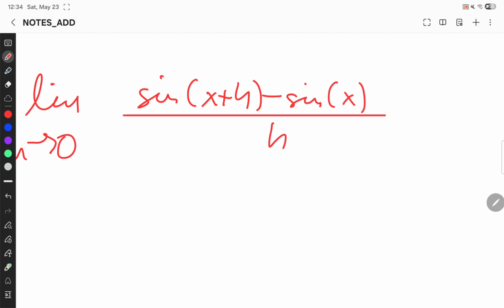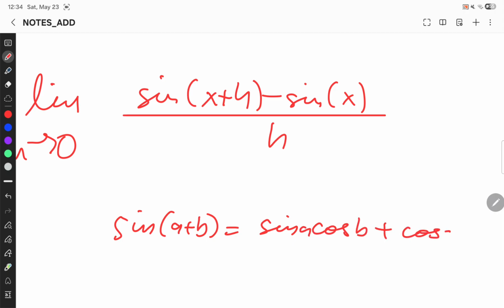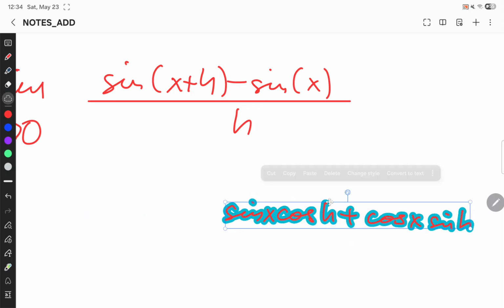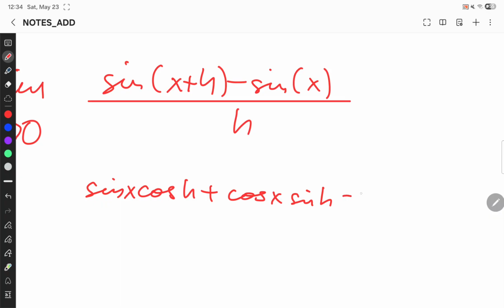This is not in the syllabus, but this is required for the proof, where sine of the sum of a and b is equal to sine of a cosine of b plus cosine of a sine of b. Going further, sine of x plus h is sine of x cosine of h plus cosine of x sine of h. Now using this you can slap it in like so, minus sine of x.